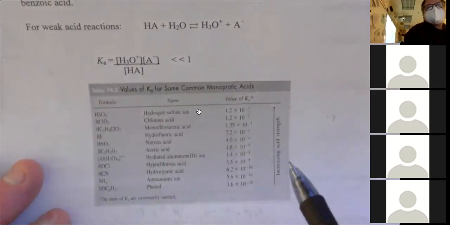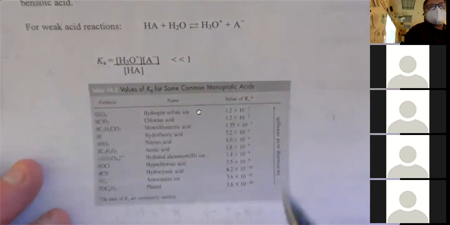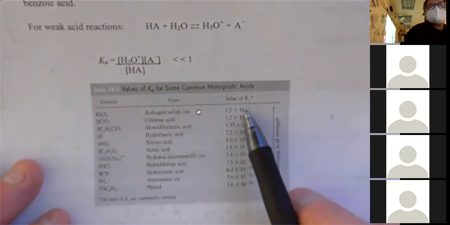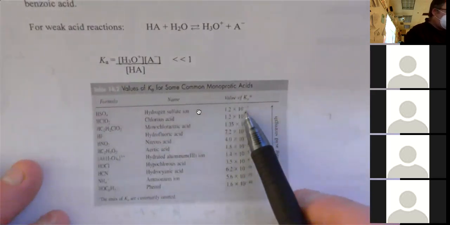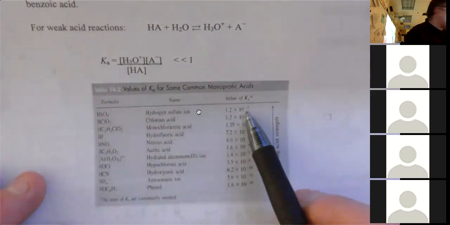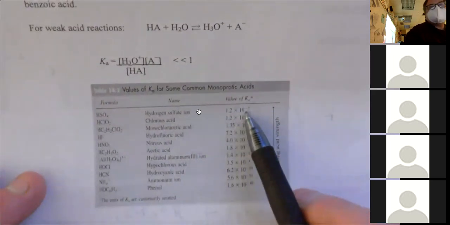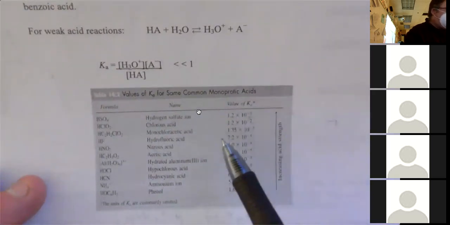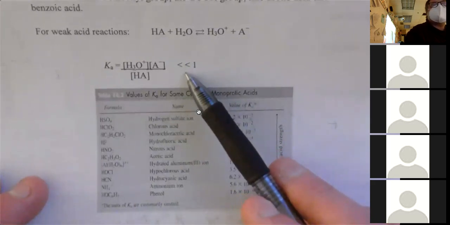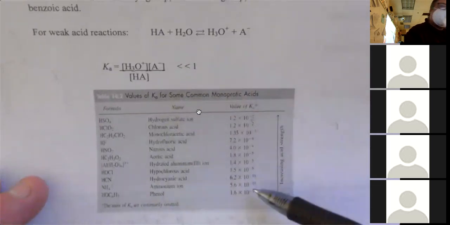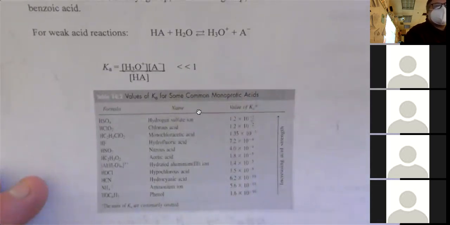Whenever you're looking at these, the smaller the exponent, like -2 versus -10, the closer the Ka is to 1, which means the acid is stronger. We know that all of these weak acids are going to have a Ka, or an equilibrium constant, less than 1, but the closer they are to 1, the stronger they are.